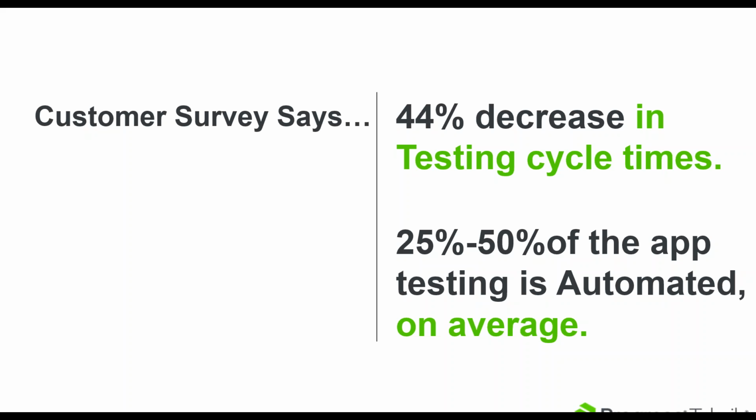But thanks to that, these customers have achieved up to 45% decrease in their testing cycle times. And you can do the math if you scale this one and automate your application to the fullest.